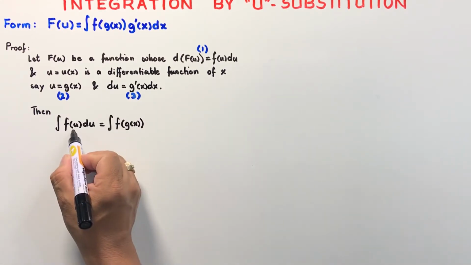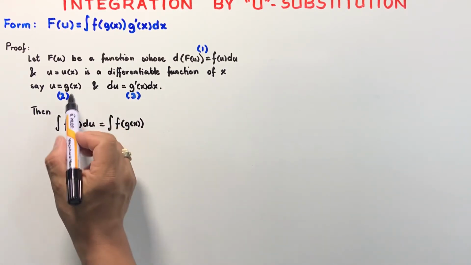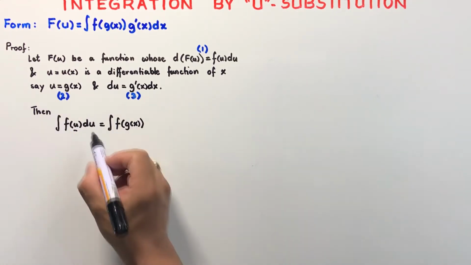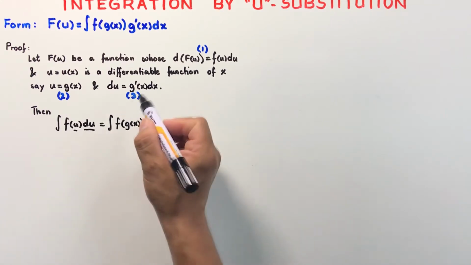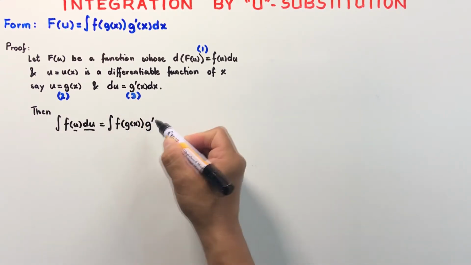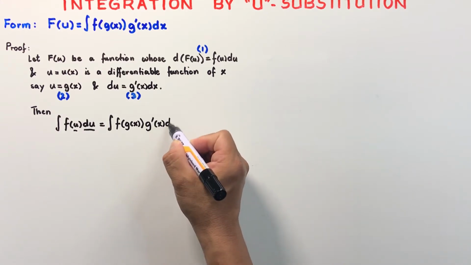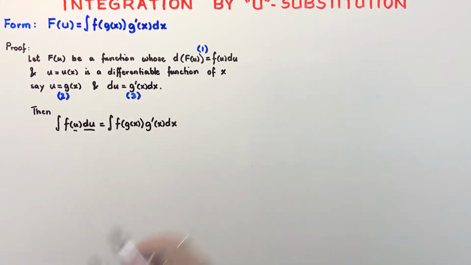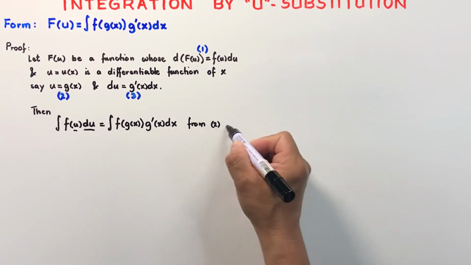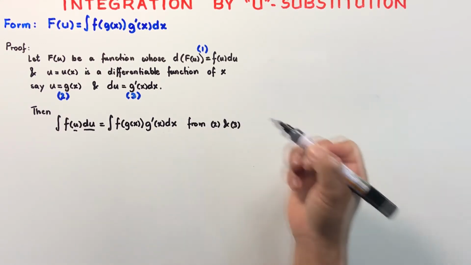So instead of writing u, I will write its function g of x from equation 2. And instead of writing du here, we will write its equivalent value, which is g prime of x dx. The reasoning is taken from equations 2 and 3.